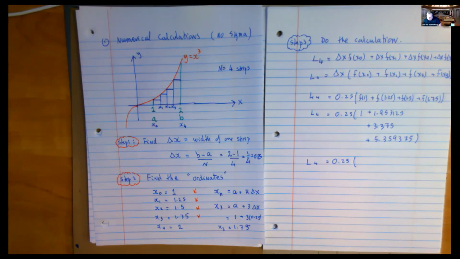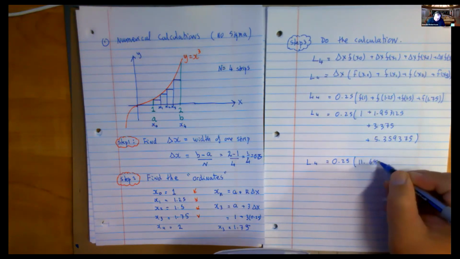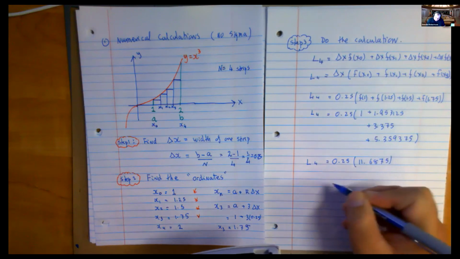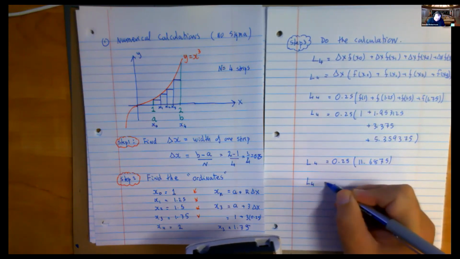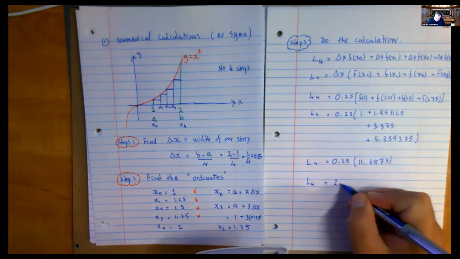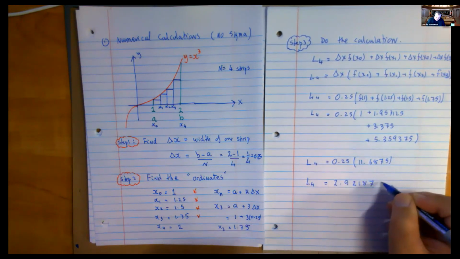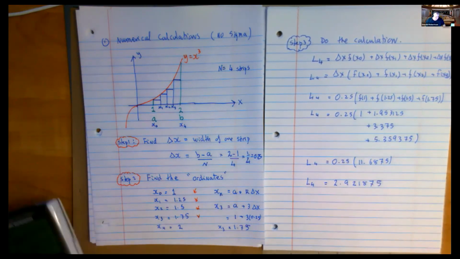Hopefully I did all that correct. And I now have 11.6875. And 0.25 then times 11.6875. And the answer I now have is 2.921875.